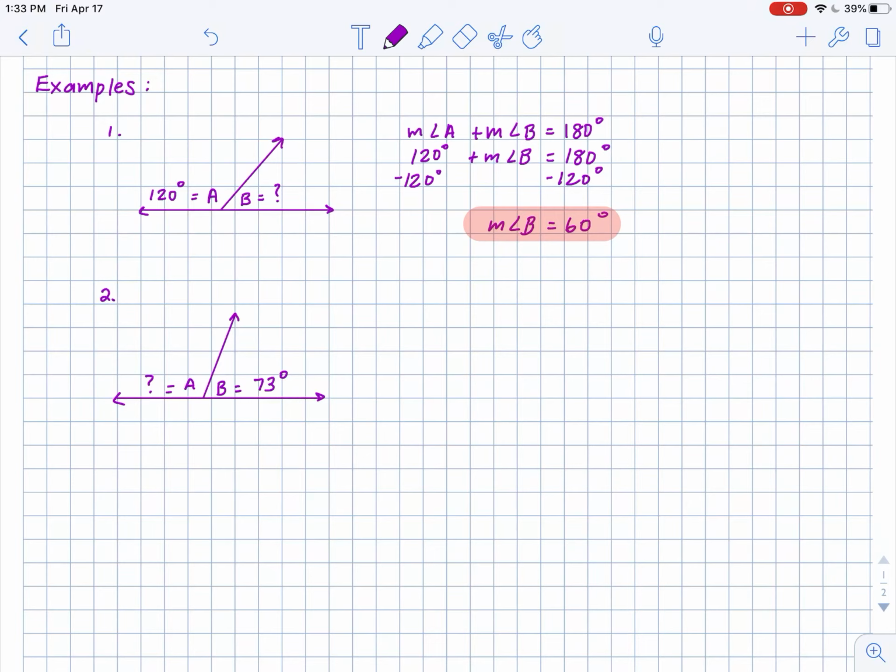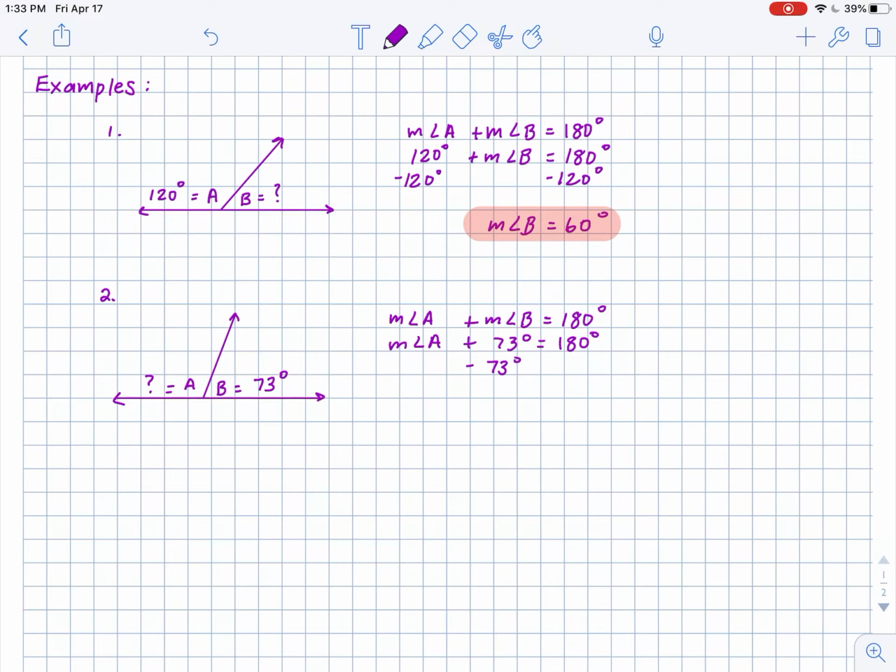Alright. So, again, supplementary angles. I know that the sum of these two angles is going to equal 180 degrees. I don't know the measure of angle A. I know the measure of angle B is 73 degrees. In total, their angles are going to add up to 180 degrees.